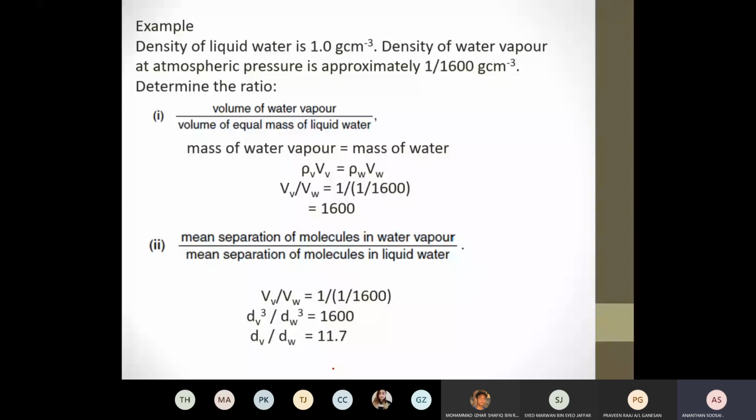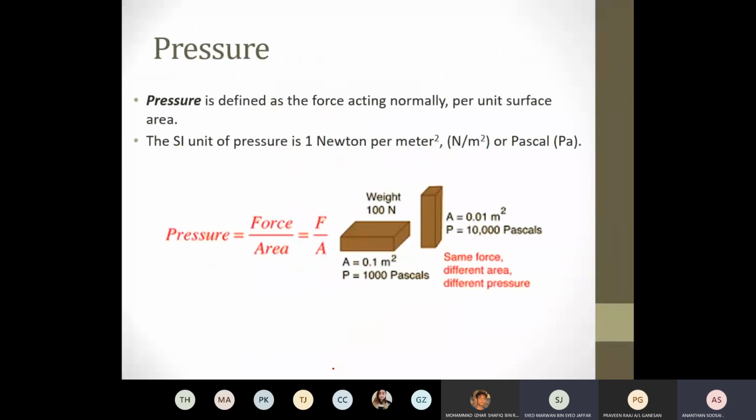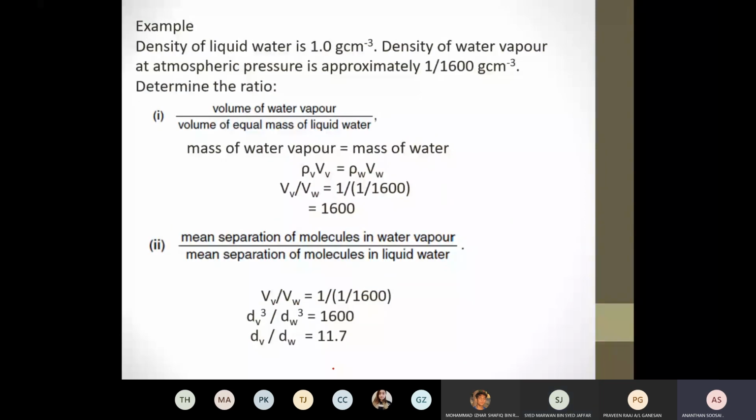So this is a different way of how density questions will be asked in A levels. They'll mix two different liquids and ask for the overall density. Okay, so that's about density.